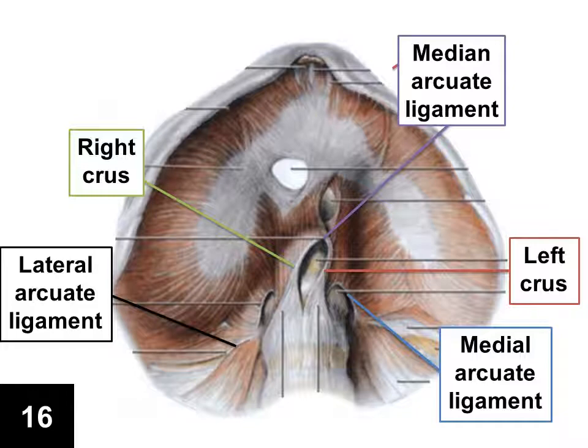As you see, the right crus is connected to the left by the median arcuate ligament, crossing in front of the descending aorta.